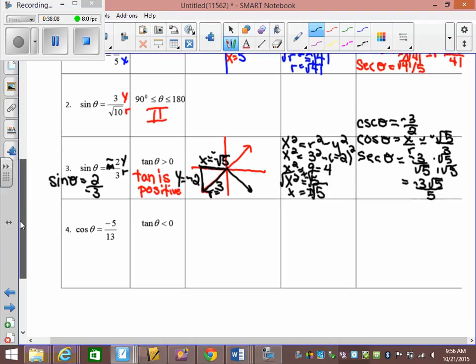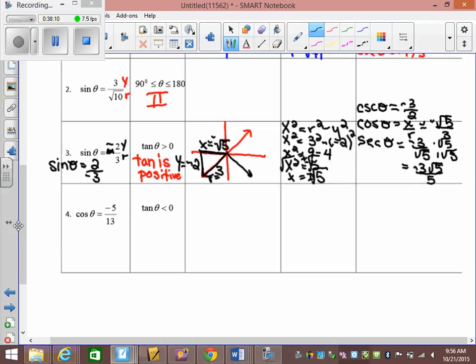What do I have left? Tan and cotan. This is what we're doing. Tan theta equals y over x, or -2 over negative root 5.